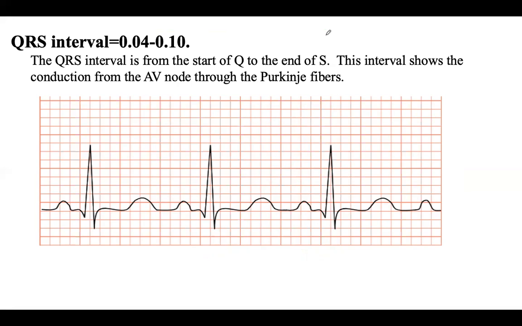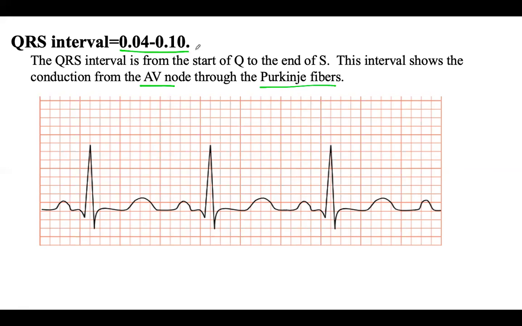This is important because it tells us if the electrical impulses are spreading effectively through your ventricles, passing from the AV node to the Purkinje fibers. Look at the time, guys. This is a pretty fast process, right? It's speedy because you want the ventricles to contract as one unit, rather than contracting half of the ventricle and the rest later.